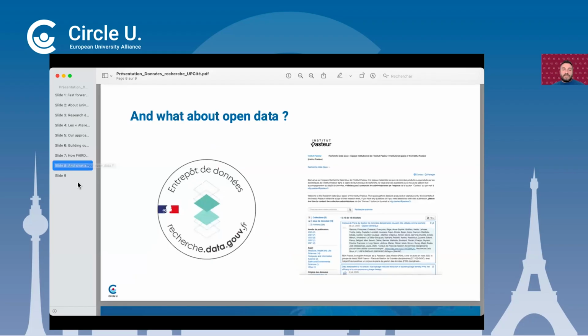How will Data Cité work? Data Cité will operate on 3 levels. First, administrators will receive researchers' requests and provide an initial response within 24 hours, either answering directly or connecting them with the right experts.